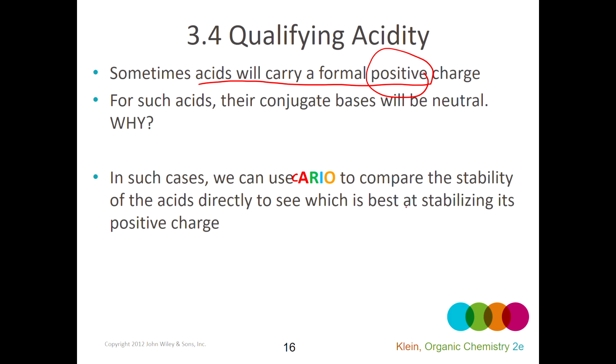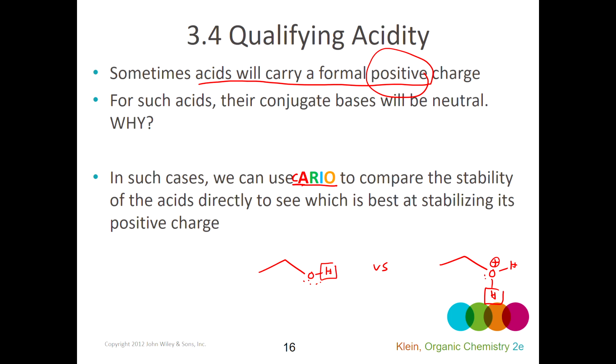If it already has a positive charge, we won't be able to use ARIO, but if we add the extra C in there, we can remember that, well, clearly if I have something like this versus something like this that already has a positive charge, I can easily tell that one is going to be much more likely to give up an H plus and become neutral than the other would be to give up an H plus and become negative.